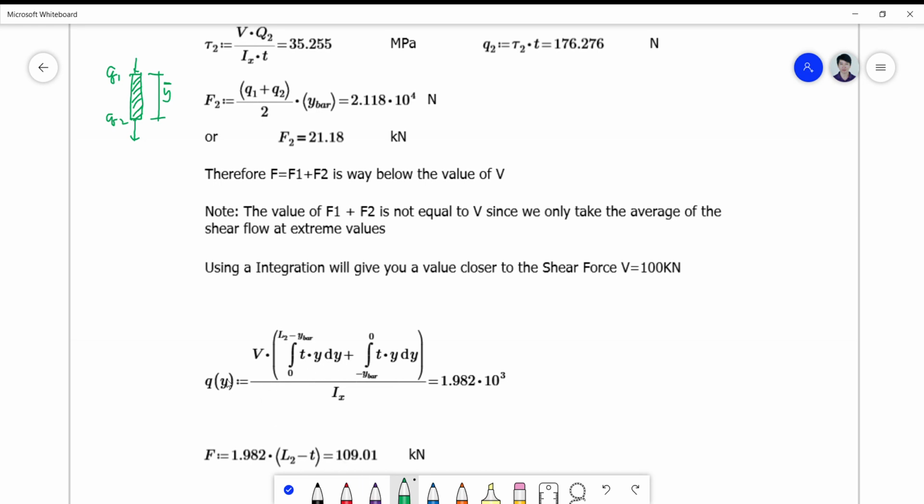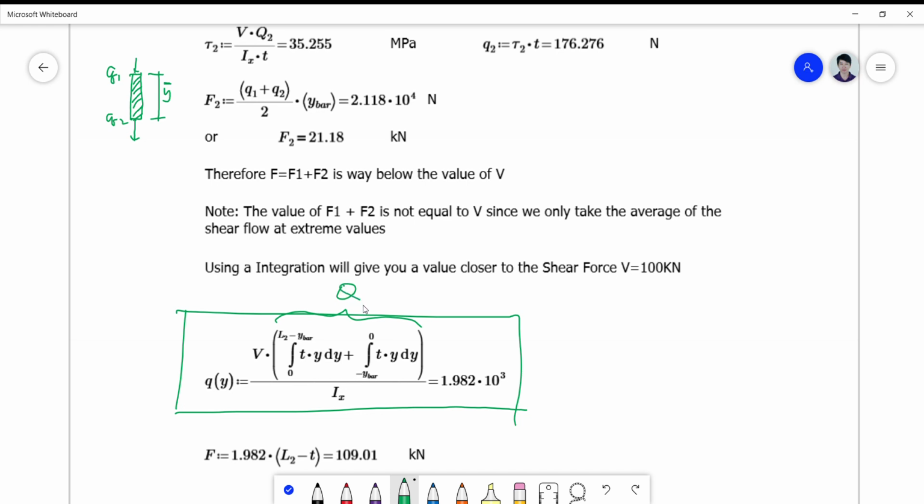So if I make use of an integral formula, this is just my formula. Okay, so I just get V, this is now my Q. My Q now is an integral expression. I'm now integrating from 0 to L2 minus Y bar plus negative Y bar to 0. So these are my two elements, and of course this is divided on the neutral axis. The first represents my F1, the second represents my F2.